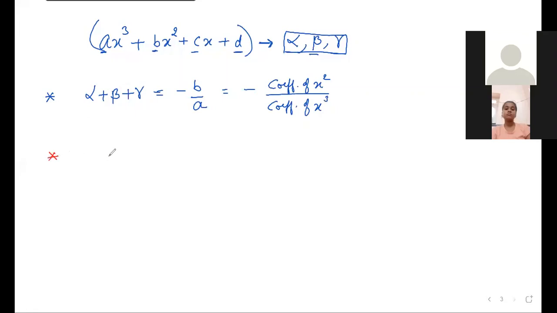Then there is a second relation, that is alpha into beta plus beta into gamma plus gamma into alpha. Now just see the relation, the series how we have taken. We have multiplied two zeros at a time and added them.